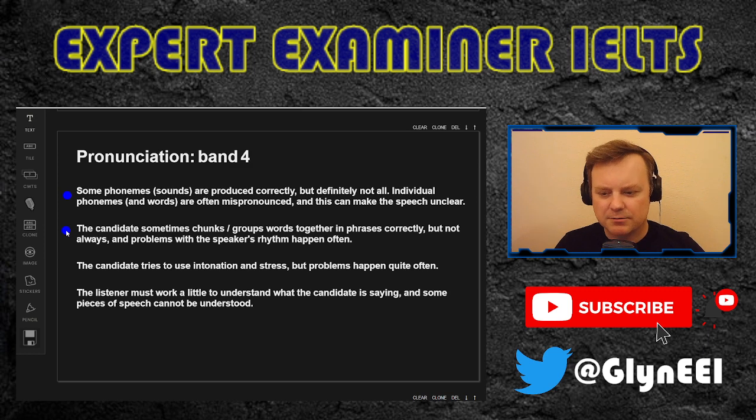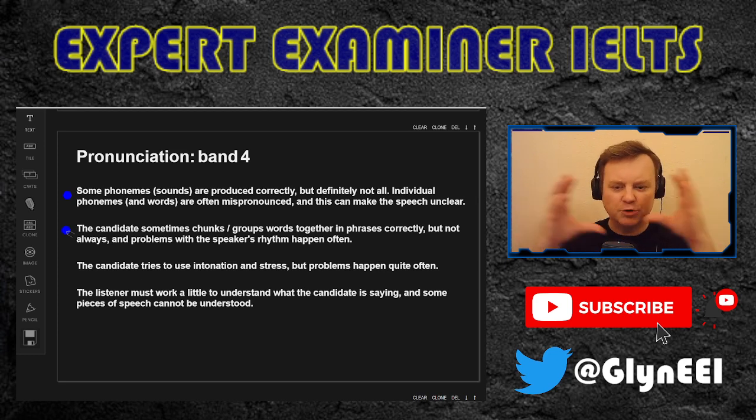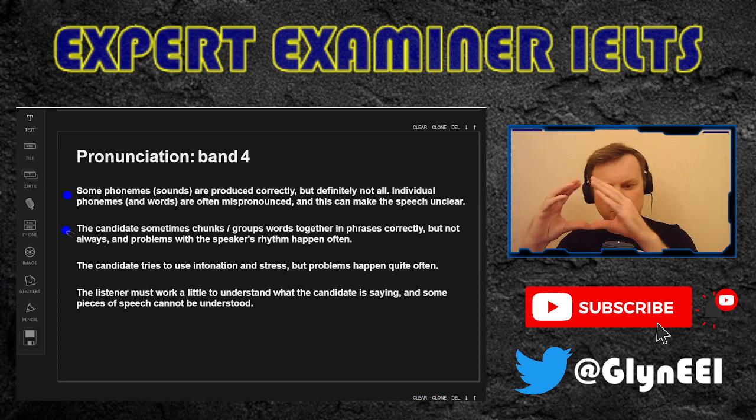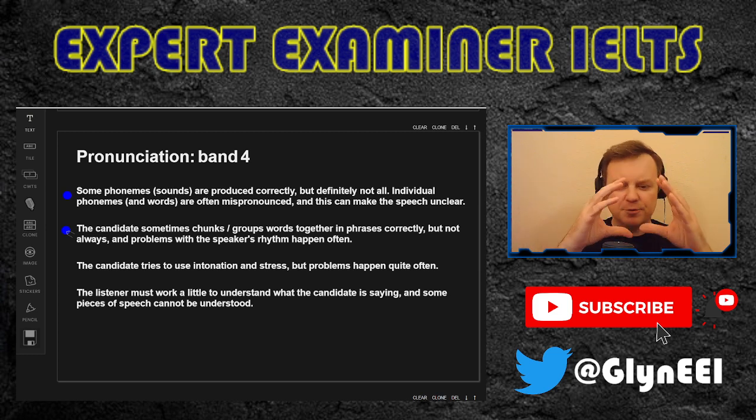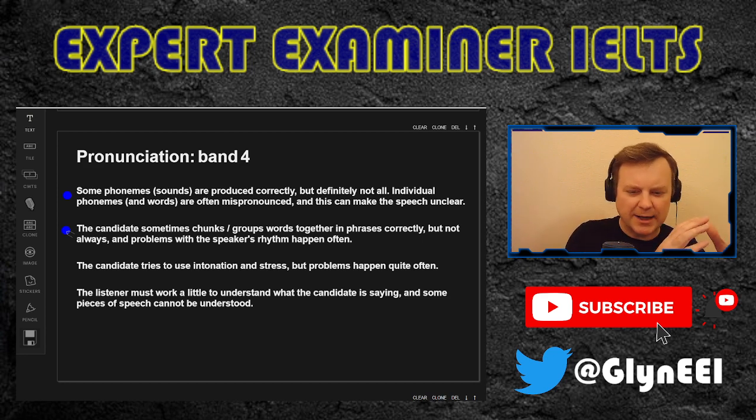Next, the speaker sometimes chunks or groups words together. So, sometimes we have expressions like in order to, and in order to is always linked together. So I went to the shop in order to buy a new hat. I went to the shop, chunk 1, in order to buy, chunk 2, a new hat, chunk 3.